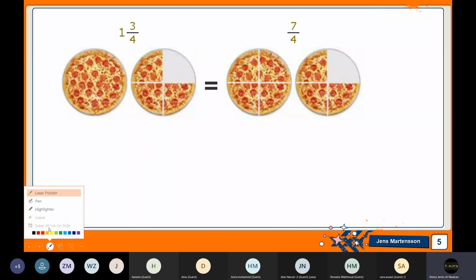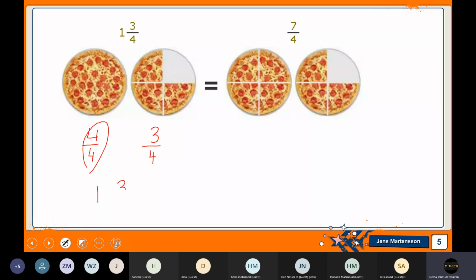Here we have 4 out of 4. Here we have 3 out of 4. Now the 4 out of 4 is 1, and 3 out of 4. So if you want to represent it as a mixed number, you will say it's 1 and 3 out of 4. But how will you present it as an improper fraction?